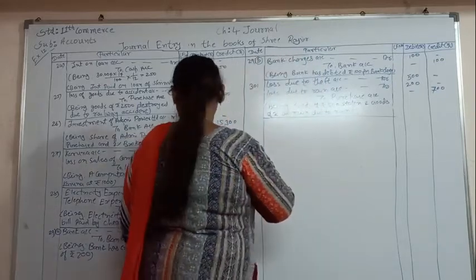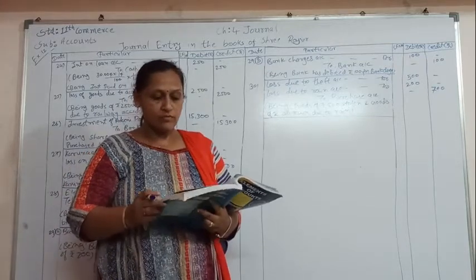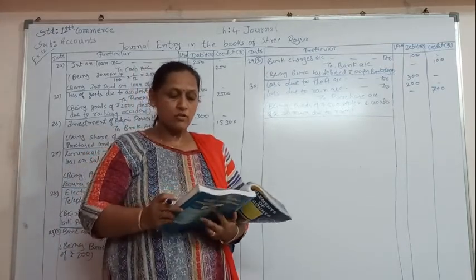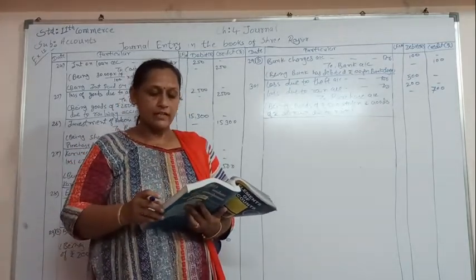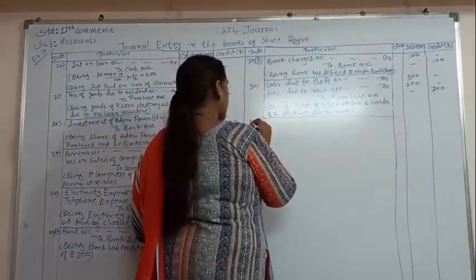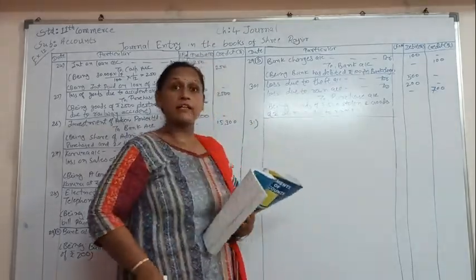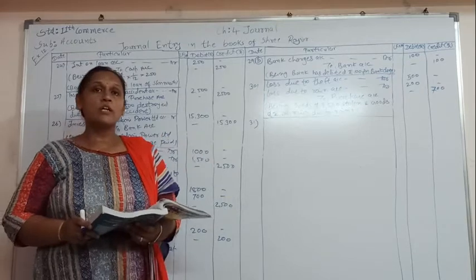Now let's see the last transaction. Obtained change of rupees 1000, but a currency note of rupees 100 was duplicate, nothing can be realized. So we have discussed before that for this type of transaction, that is not recurring day to day, we have to keep one account.